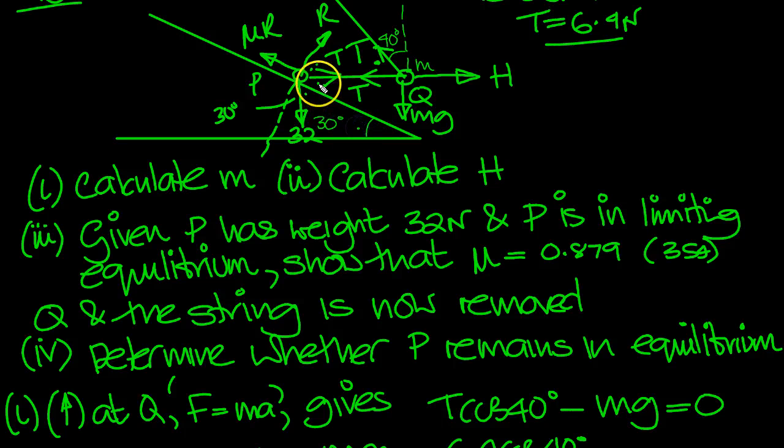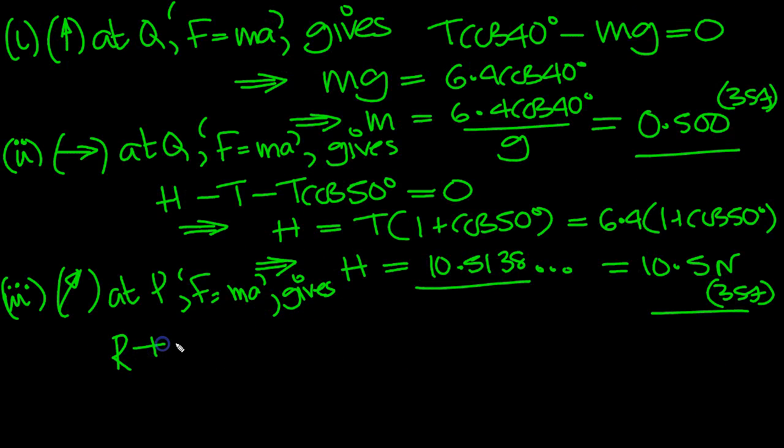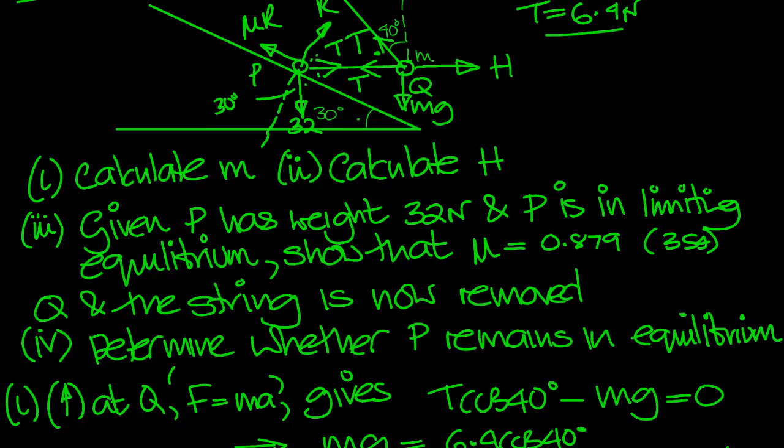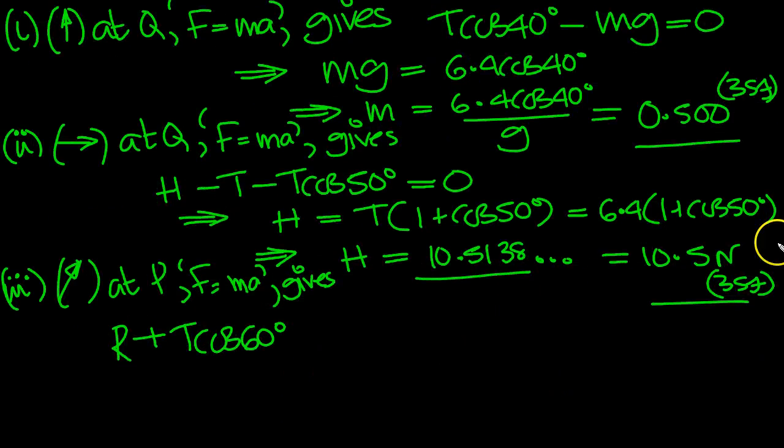This is 30, this is 30, so this is 60. T cos 60 plus T cos 60. Right, that's that force. Minus 32 cos 30. That's it.